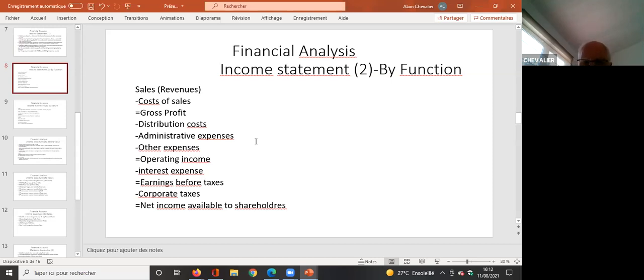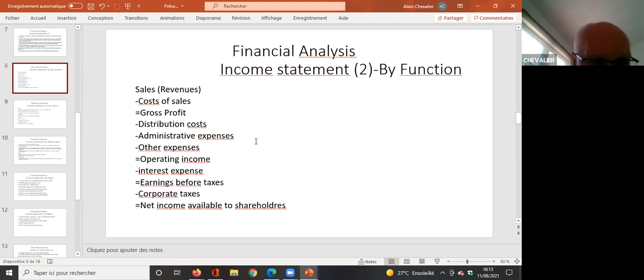This one here, the US or by function one, is very close to the analytical accounting system of a firm, which is also a cost accounting system. The other one, I will show you that in a minute, is much closer to national accounting.